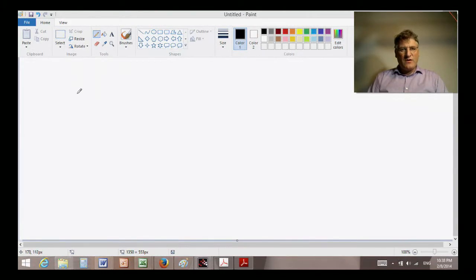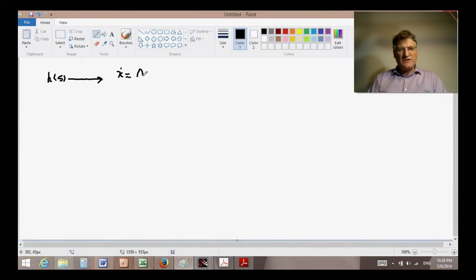So what we will begin with is a transfer function which we will call H of s, and we want to go from that transfer function to a state space representation x dot equals Ax plus Bu, y is equal to Cx plus Du.